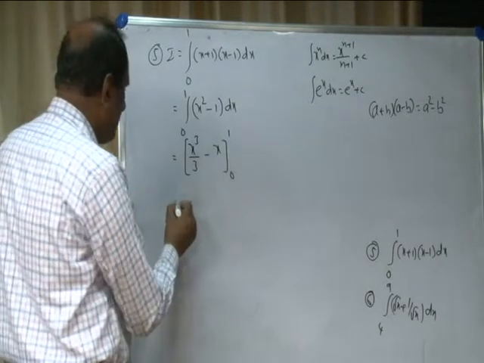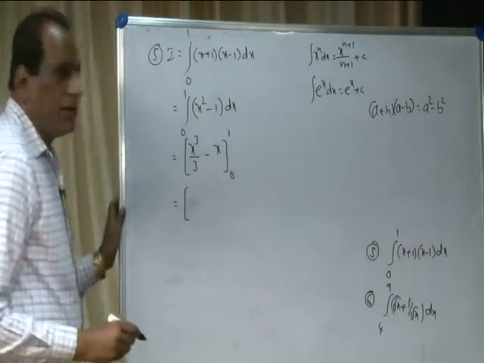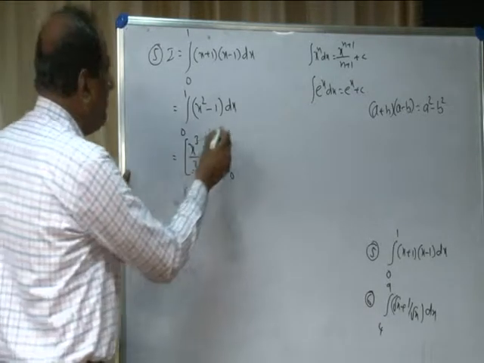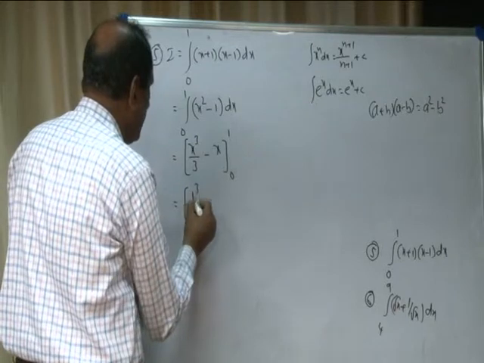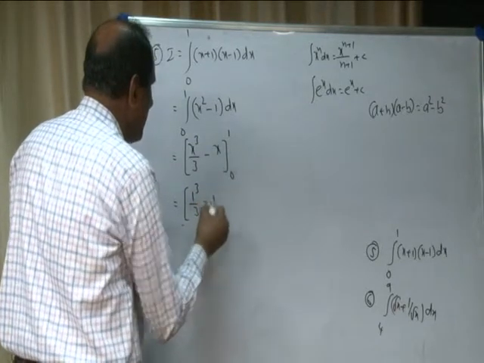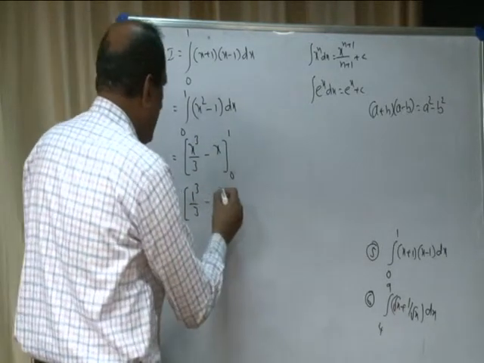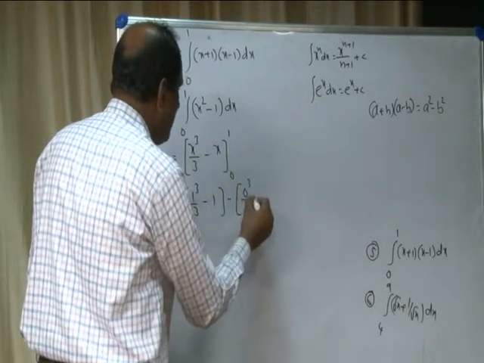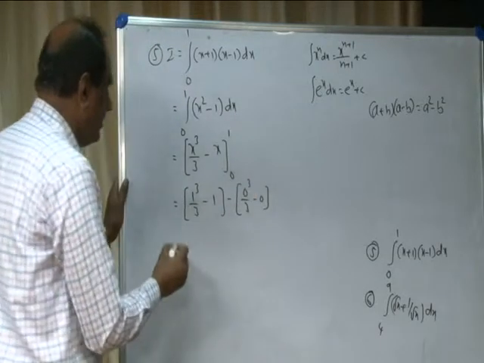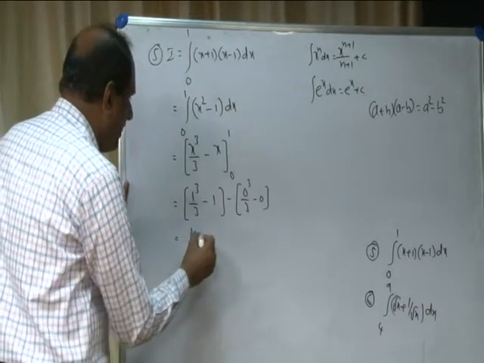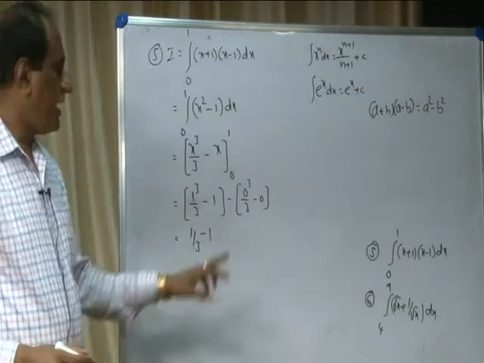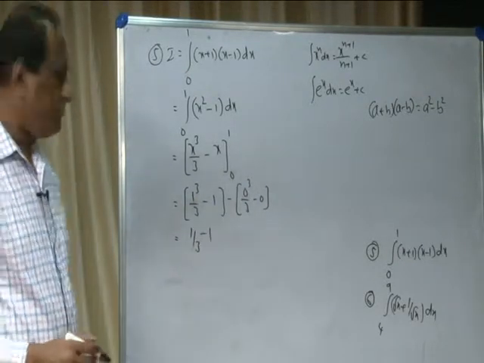In the first bracket, apply the upper limit: 1 cube by 3 minus x value 1, minus the lower limit 0 cube by 3 minus 0. So 1 by 3 minus 1, and 0 by anything is 0, so no value in the second bracket.